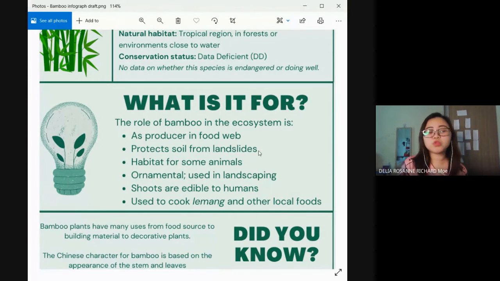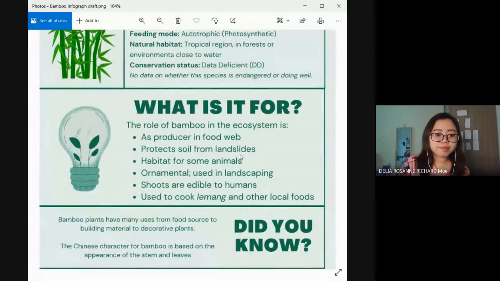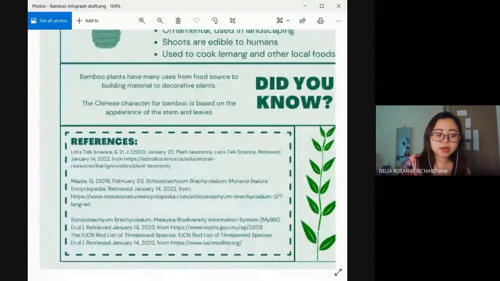Tumbuhan yang kamu pilih itu mungkin adalah makanan yang boleh dimakan oleh kita. So contoh kamu ambil sayur manis ataupun cekur manis. Then you can say the use of that plant is as food source. Okay, so pelbagai jawapan, of course you will have more than one answer for the role of your organism in the ecosystem. Ini tambahan sajalah, ini tidak markah.